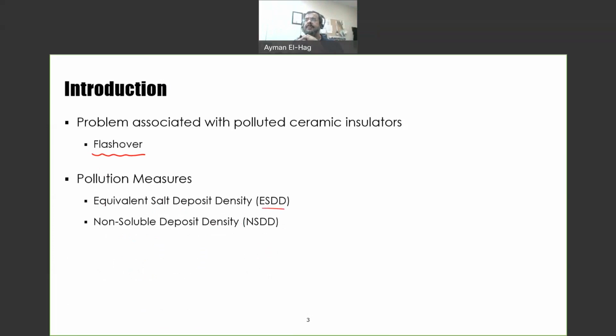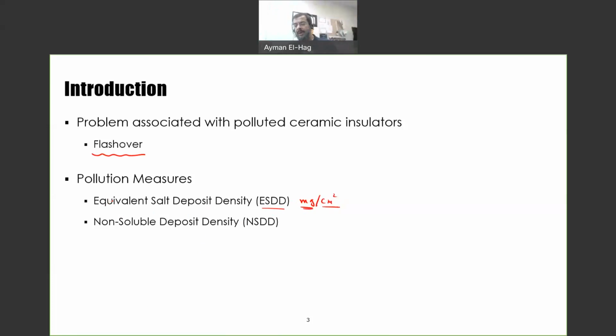And this will need to dissolve those salts or minerals and then measure their conductivity, and there is a standard how to convert this conductivity into ESDD, which is basically a milligram per centimeter square, how much milligram of the salt with respect to the surface area of the insulator.